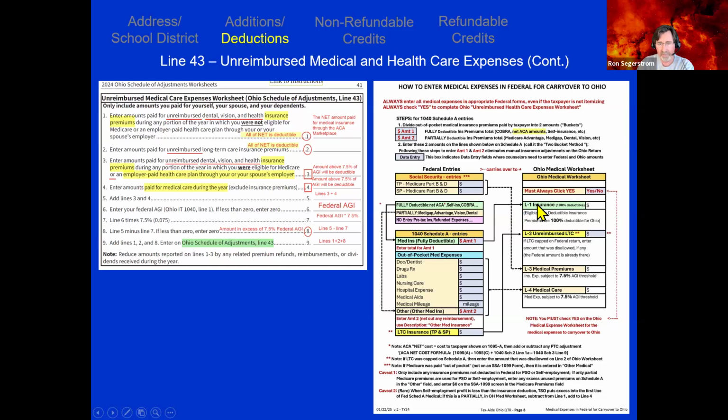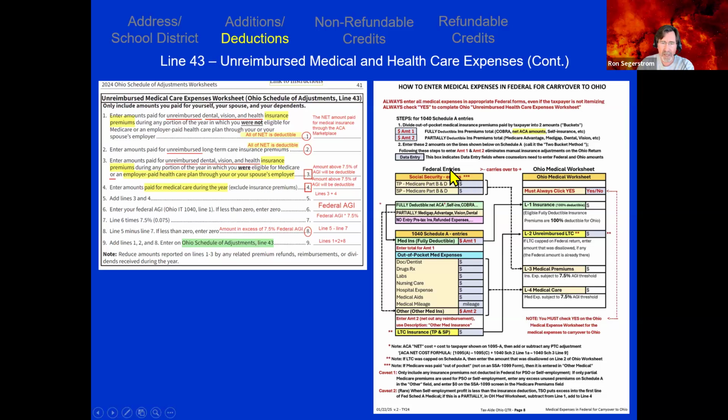They all go in, they're fully deductible. The long-term insurance right here flows up to this block, which we'll call L2. That's fully deductible. That was line 2 right there. And then here's your medical premiums and medical care.